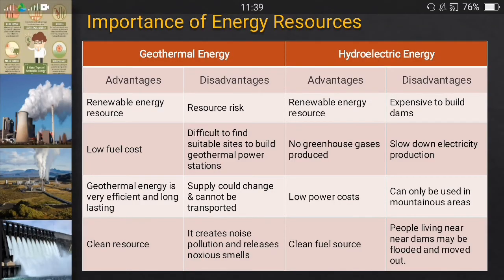Some of the disadvantages of geothermal energy, we have here resource risk. If not carefully managed, a borehole can run out of steam and may not be usable for several decades. Dangerous gases and minerals can come out of a borehole, which may be difficult to dispose of.